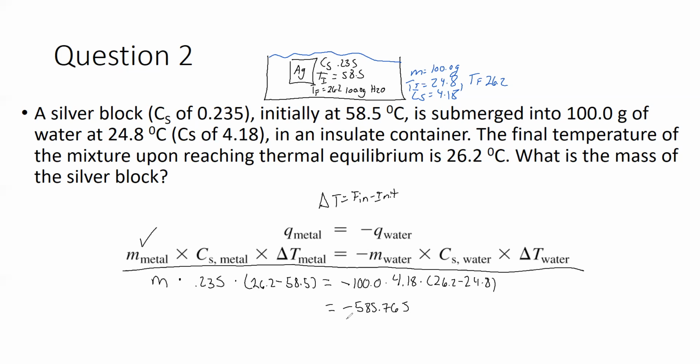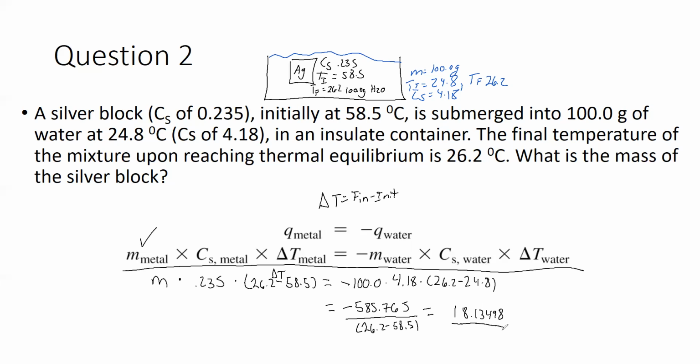Then I divided this by delta T metal, which is 26.2 minus 58.5. When you take Q water divided by delta T metal, I got 18.13498. Again, I'm going to save sig figs for last.